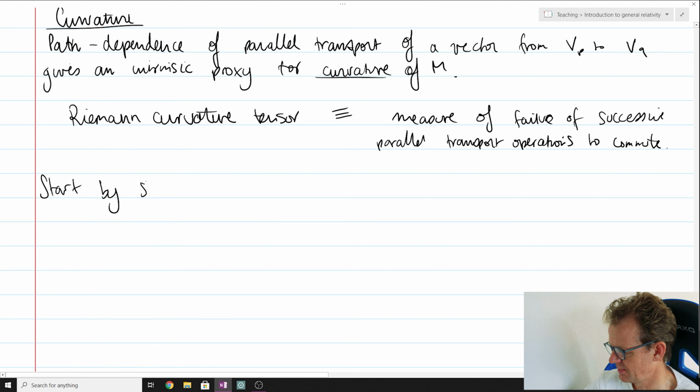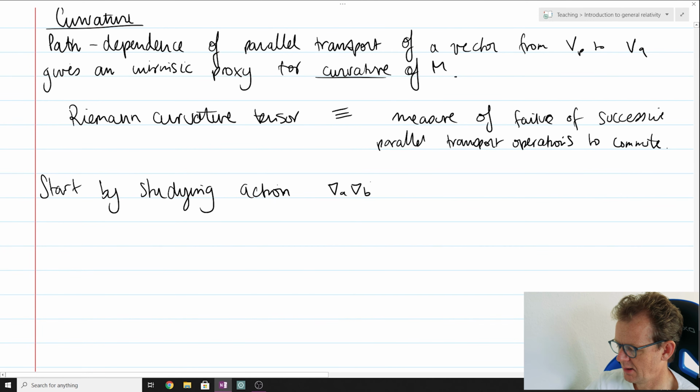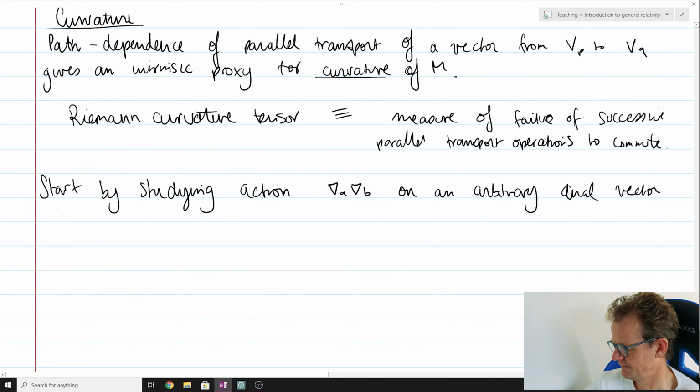what we're going to do is start by studying the action of not one but two covariant derivative operators on an arbitrary dual vector field omega c.